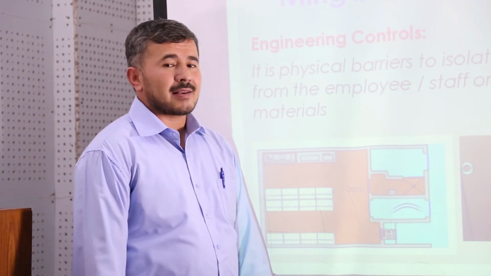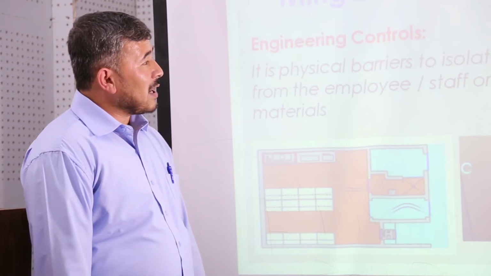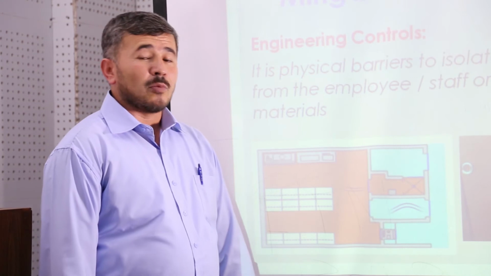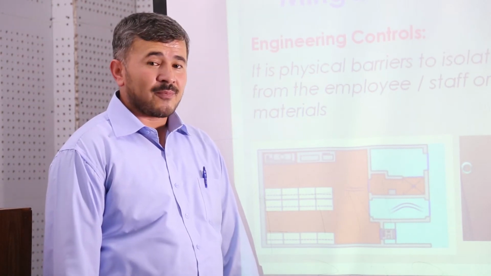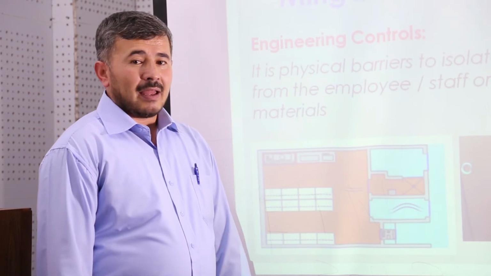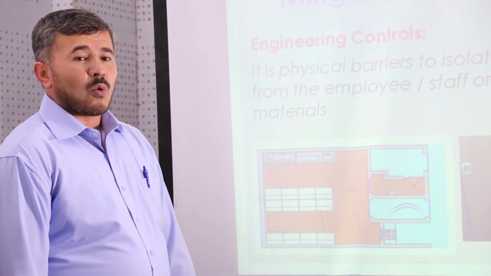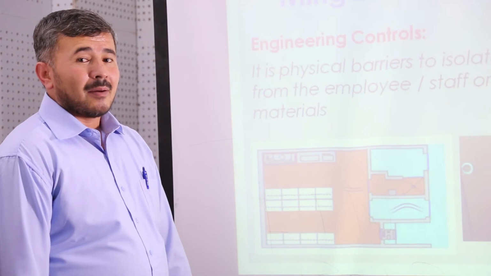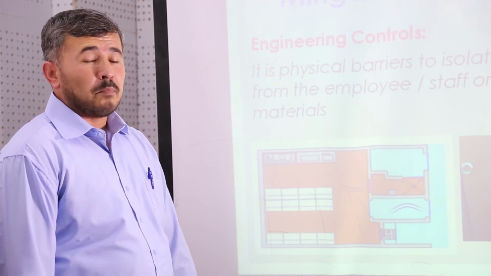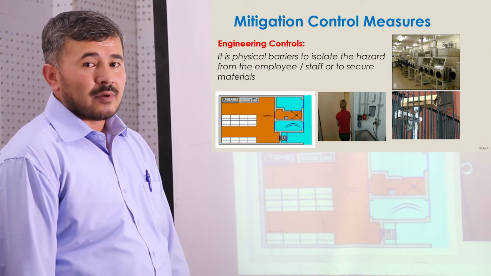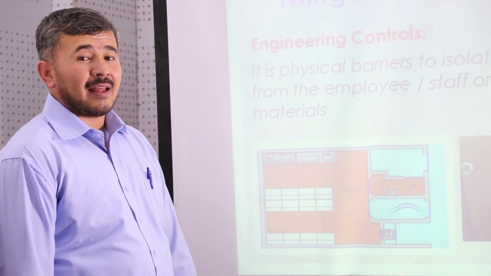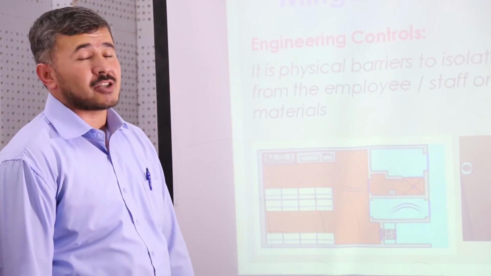So in the biosafety context, we can implement engineering control to make a barrier between the staff and biological materials. But in the biosecurity context, we can make a barrier between the biological material and people outside the lab to control access, so that no one enters the lab without our permission.